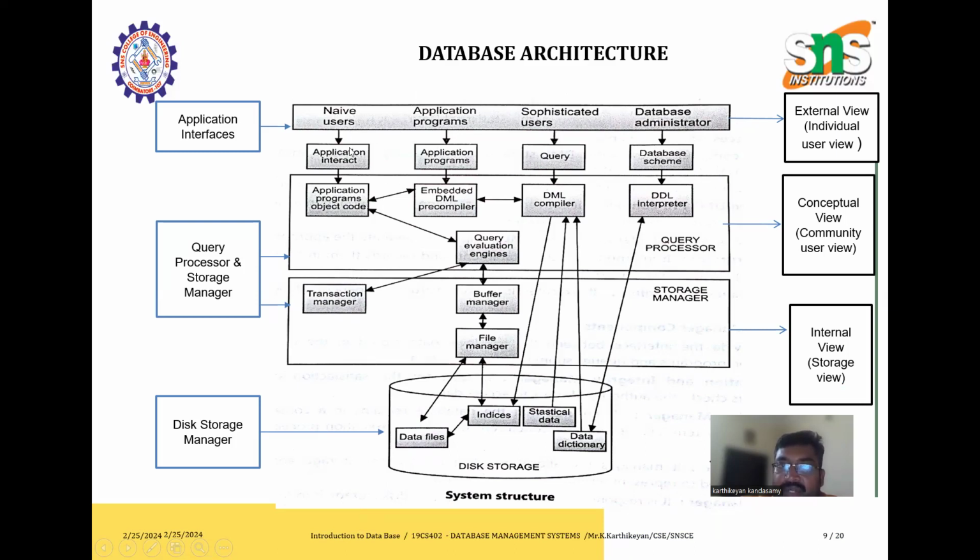The naive user interacts with the application program object code; the application program is embedded with a DML pre-compiler, supporting user queries, DML compiler, database administrator, database schema, DDL interpreter. The query evaluation engine is the query processor: whatever queries are received go to the query evaluation engine, and then to the transaction manager, buffer manager, and file manager, which are for storage purposes. Next, data files and indices, statistical data and data dictionary, the overall view of disk storage.